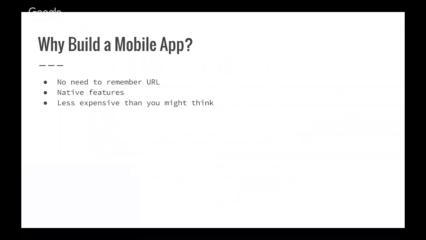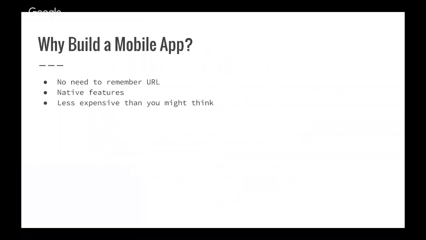You can actually do a click to dial a phone from a website, but there are some other features that you can use on a mobile app that you can't necessarily use on a website. Some other native features that we like to use are things like push notifications, geolocation, using the camera, lots of other features that we can have in there.